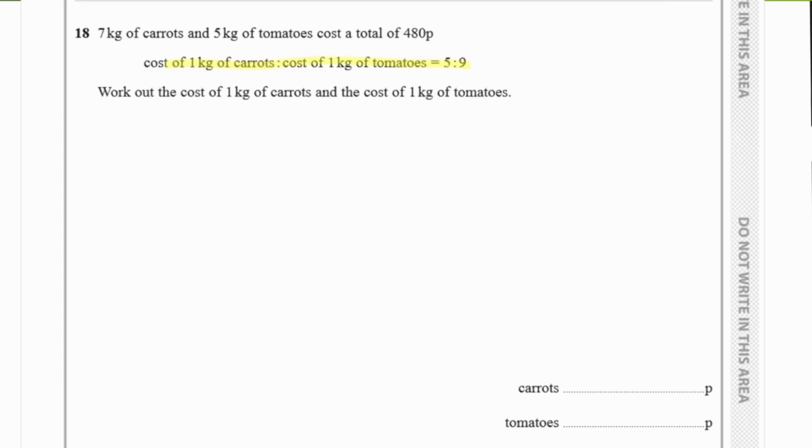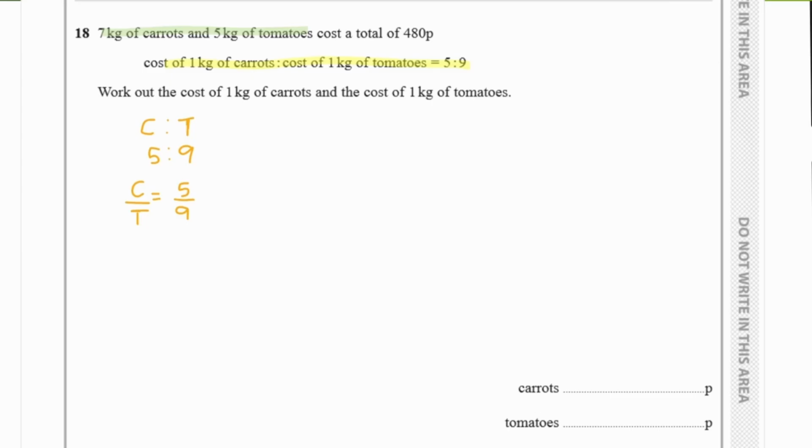So using this ratio, we can first set up an equation for the cost of 1 kg of carrots, which we can call C, and 1 kg of tomatoes, which we can call T, as being equal to 5 to 9. We can now write this as a fraction, so we can set up a linear equation and write C over T is equal to 5 over 9.